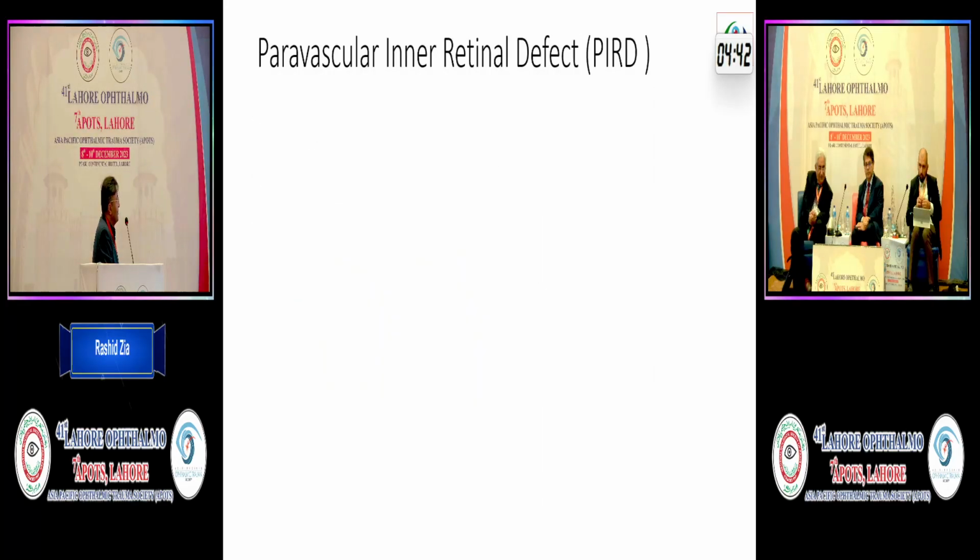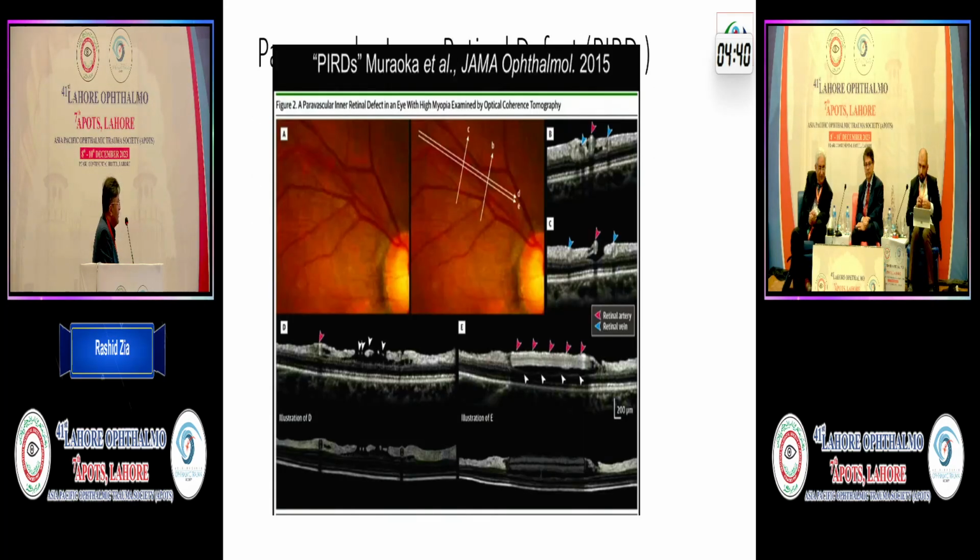At this slice, you can see the paravascular defect looks like this. At position C, it looks like this. At other positions, it looked like this. The point I want to make is that the paravascular defects, the PIRDs, can be of many different shapes and sizes.